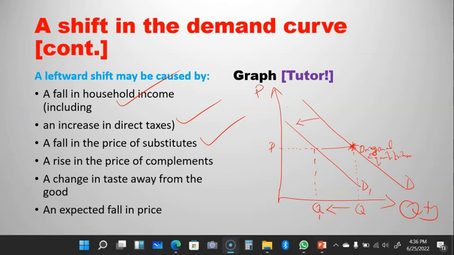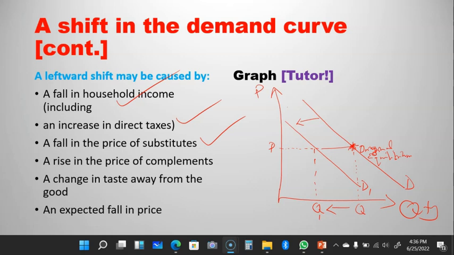One would ask, why would that happen? We have indicated in our previous video that a substitute is an alternative to a particular product. It's another product that can be used in the same way as the current product.